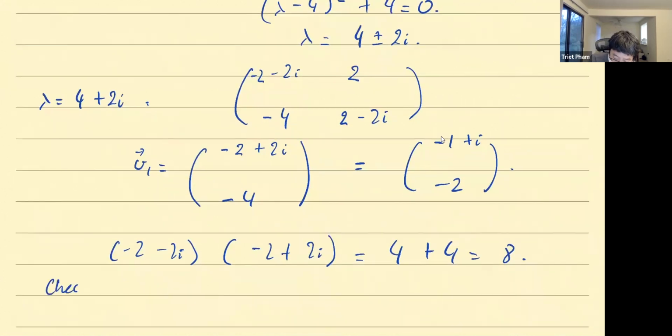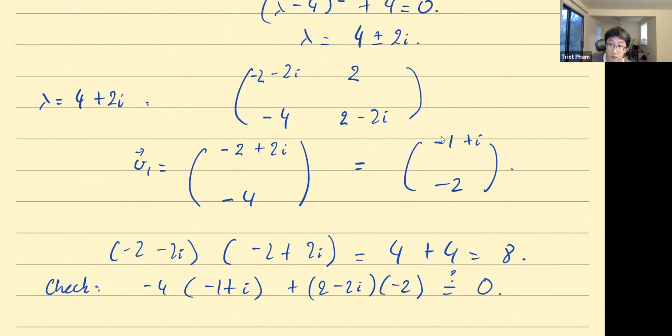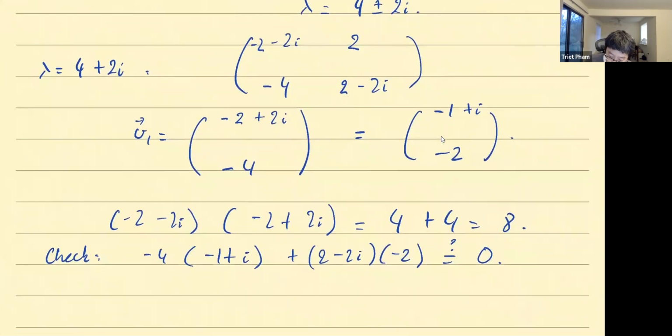Now let's check using the second row. On the second row, we got -4 times 1 plus -1 plus i, plus 2 minus 2i times -2. If our solution is correct, that should be equal to 0. Okay, so let's see here.